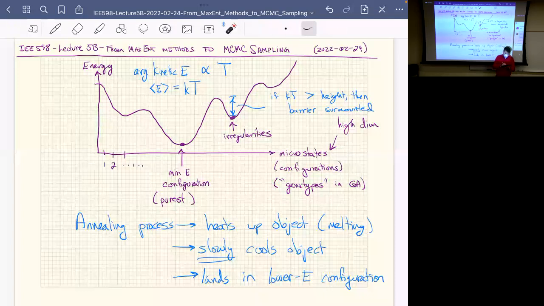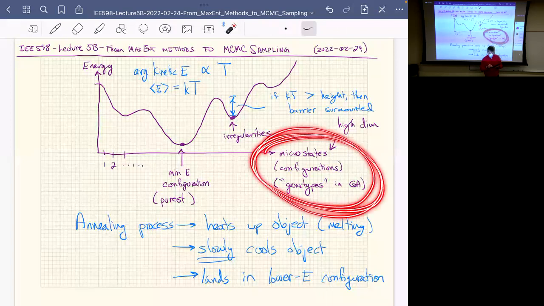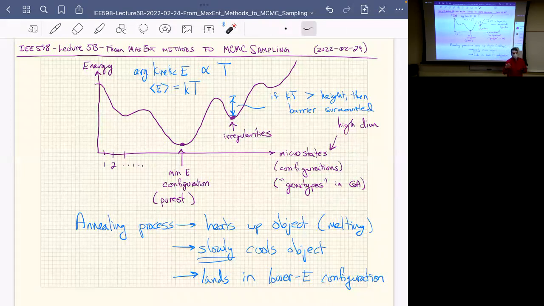The thought is that if we can take a very high dimensional design problem and move through the design space in a way that simulates how physical systems move through the microstate configurations, then maybe we can do an annealing process: start in a random configuration and heat our virtual configuration up, allowing it to explore a bunch of alternative configurations. As it explores, it finds configurations, some better than others in terms of our optimization objective, lower than others.